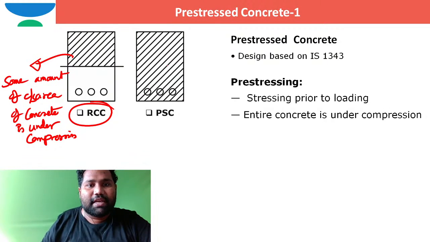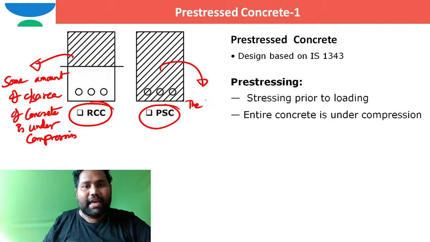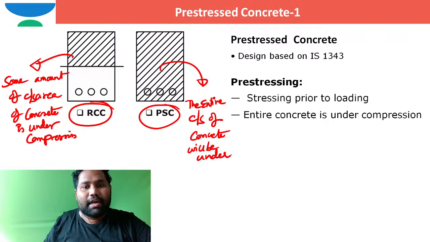Whereas in case of pre-stressed concrete, this PSC, the entire cross section of concrete will be under compression. Because of what will this be under compression?